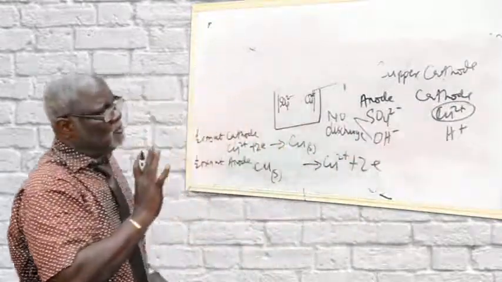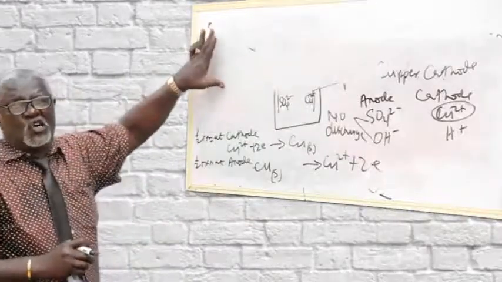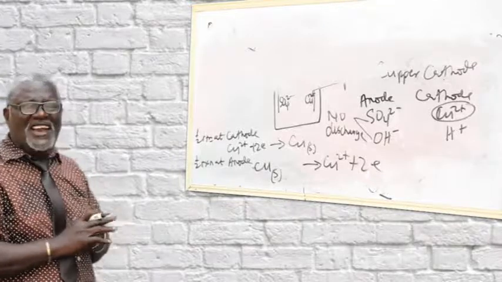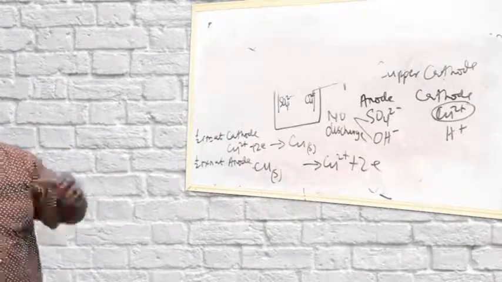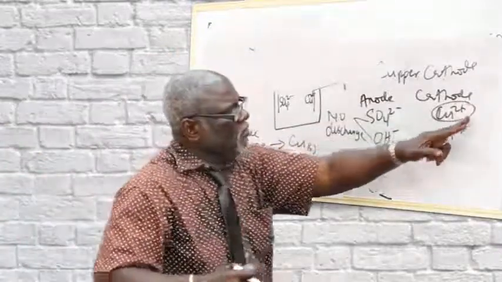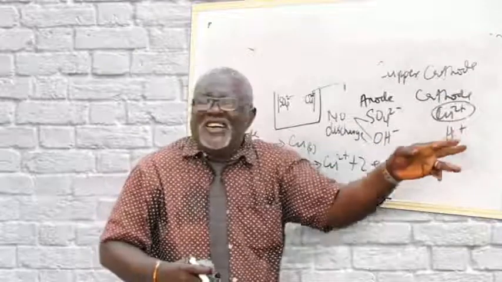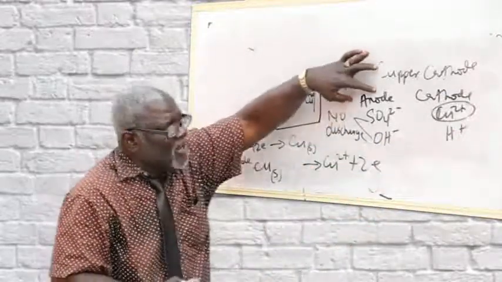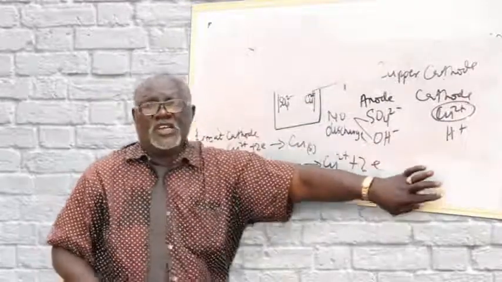What happened to the solution at the end of the reaction is that the color of the solution does not change. Why? Because the copper ion, which is taken away from solution and deposited at the cathode, is being replaced by another copper ion that dissolves away from the anode and goes into solution.